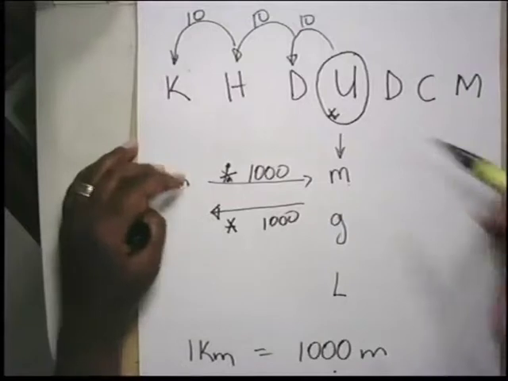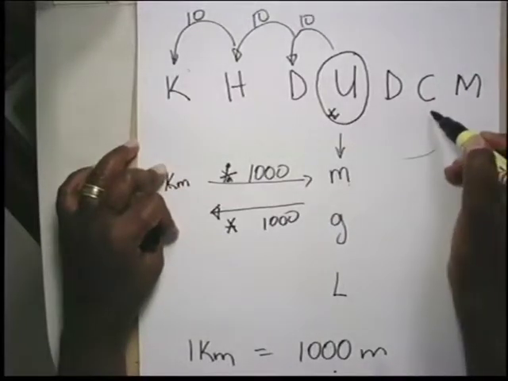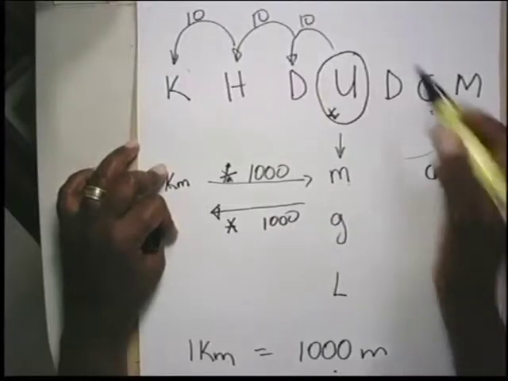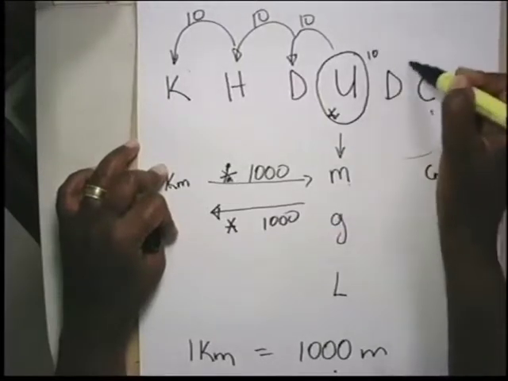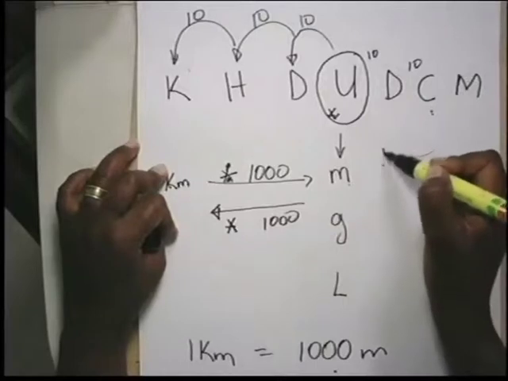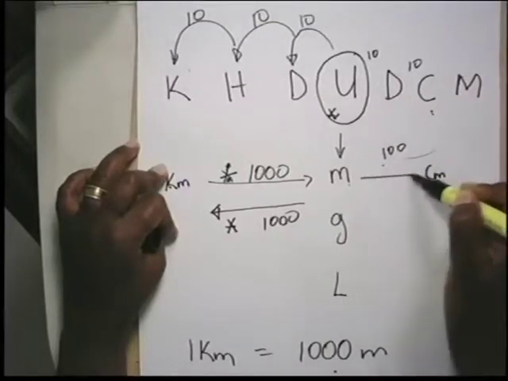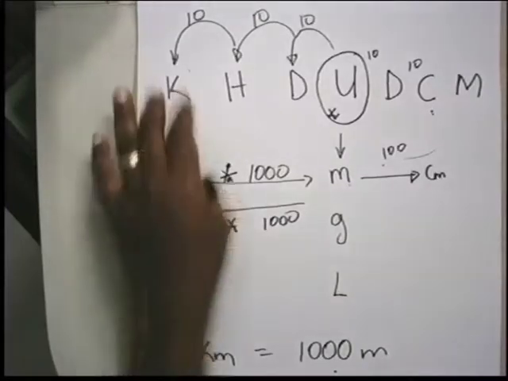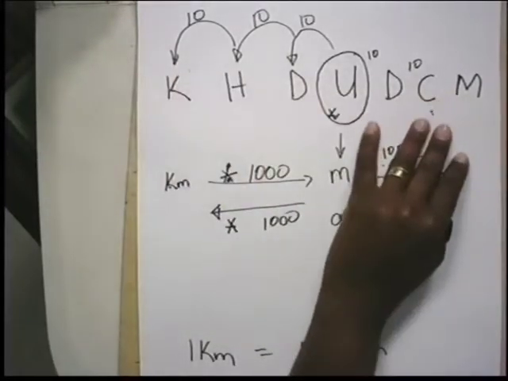The same way, if you are going to a smaller unit, like centimeter, C is for centimeter. Then here you have 10, 10, so here it is 100. So either you multiply or you divide by 100. That's how it will help you to convert the units.